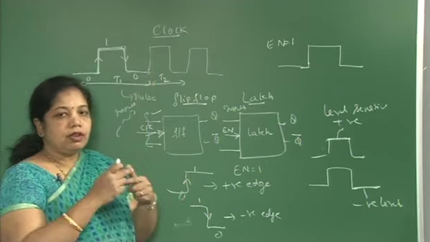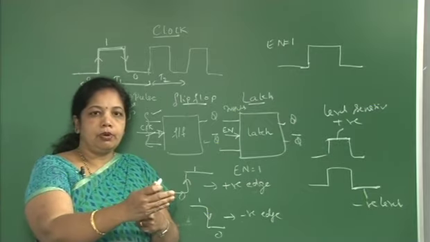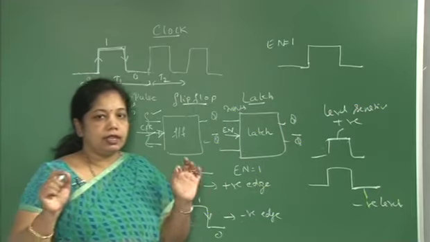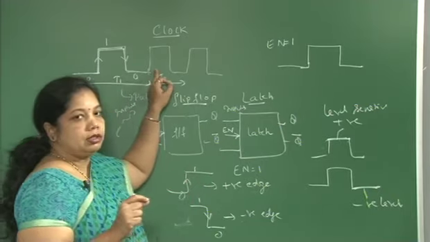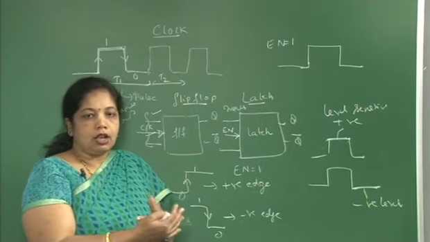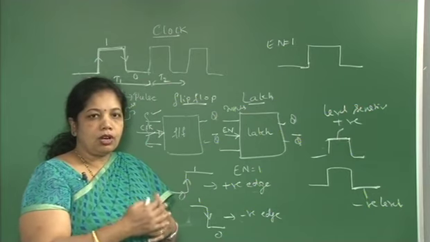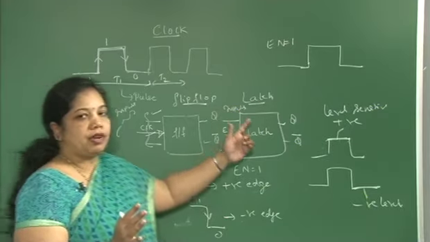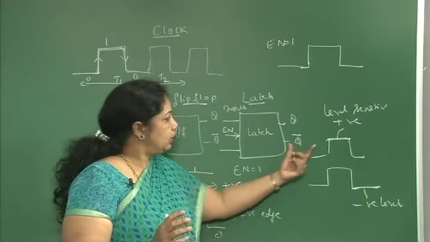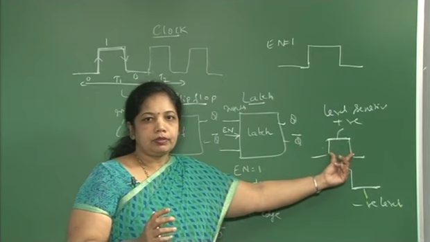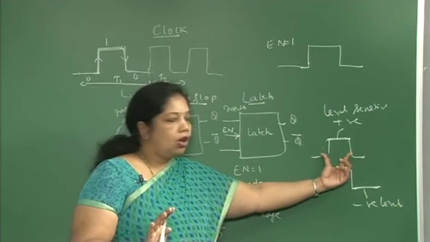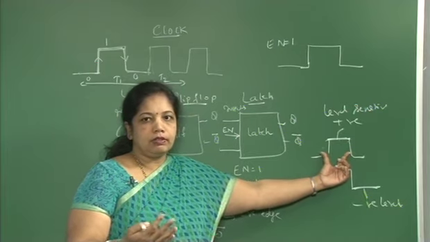So, whenever I need to give different inputs to the flip-flop, I should take care that they come at the next clock signal, or else it will respond to the previous signal itself. Even in the case of a latch, the latch is sensitive to the duration of this pulse and can send or receive data when this is on, when it is at positive level.